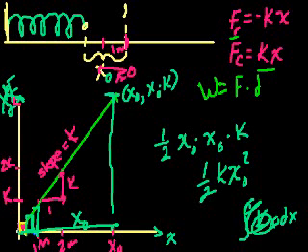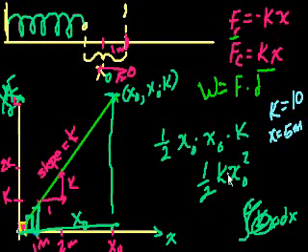Because the work necessary to compress the spring that much is also how much potential energy there is stored in the spring. So if I told you that I had a spring, and by Hooke's law its spring constant is 10, and I compressed it, I don't know, 5 meters. So x is equal to 5 meters.